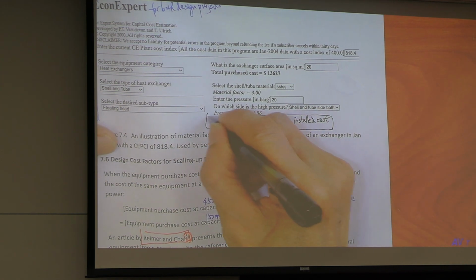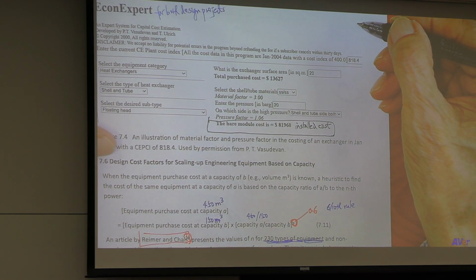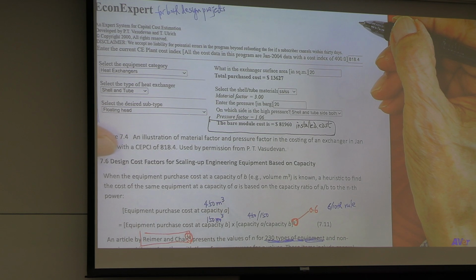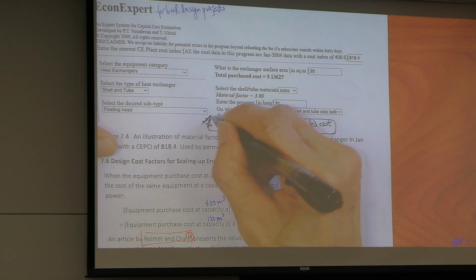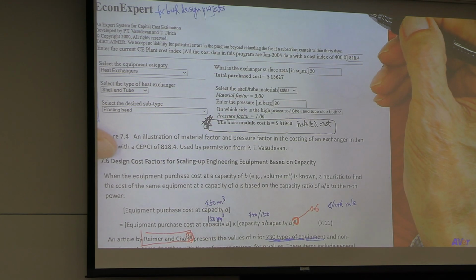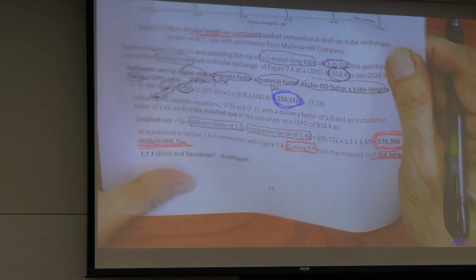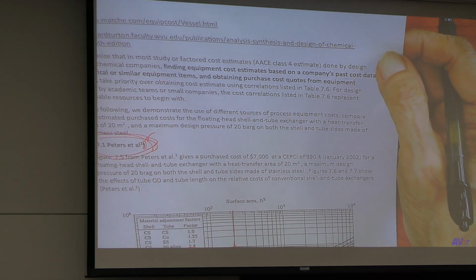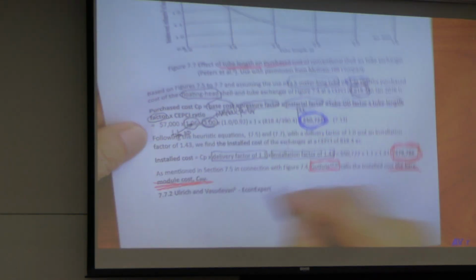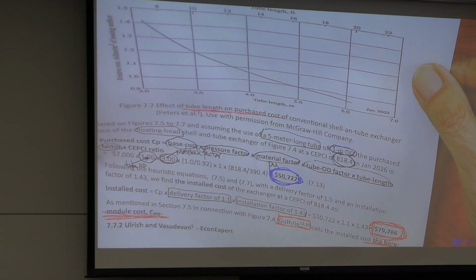Bare module cost is called install cost, you can expect that. That's the number you use in your design report. Now, you can expect, we did that, right? We found the cost, right? We did that. In a minute, we'll use a table to compare.